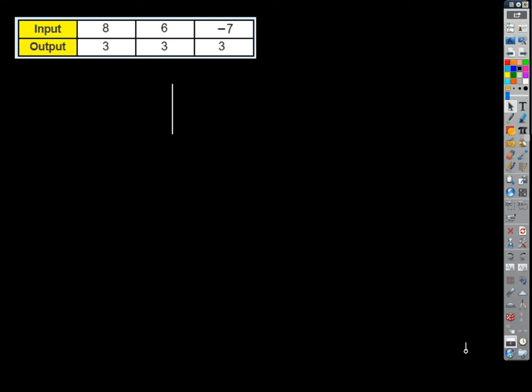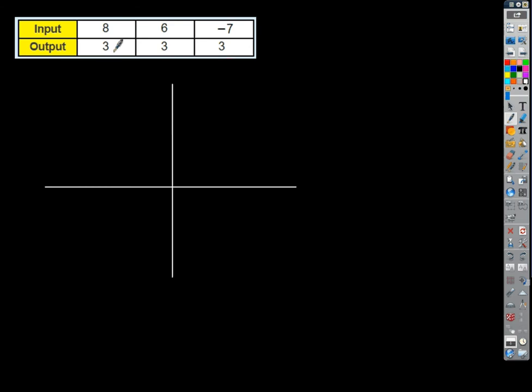So that one is a function, right? What I want to look at here is, yeah, it's a function, but it's unique in that the outputs are all the same. I want to ask now, what's that going to mean in terms of the graph of these points? These are really just ordered pairs, aren't they?